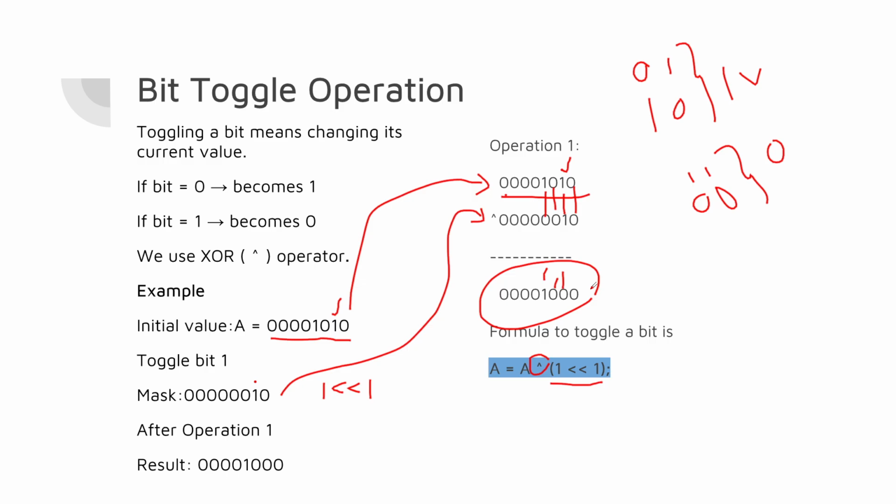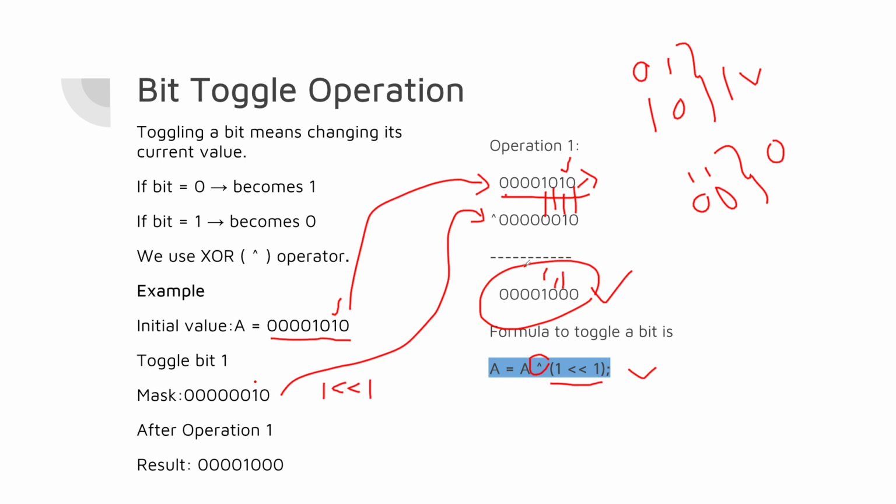Now you can take this as input, toggle the first bit, and check whether you obtain this output. Because I am just toggling this one, if I toggle the first bit, obviously we must obtain this output. You just try and check whether this formula is working. As mentioned earlier, this is the formula we will use, but that is what is happening in the backend, and that is what I explained here.